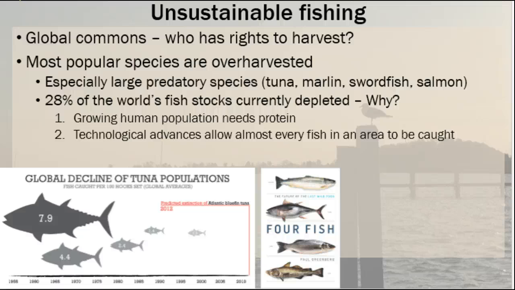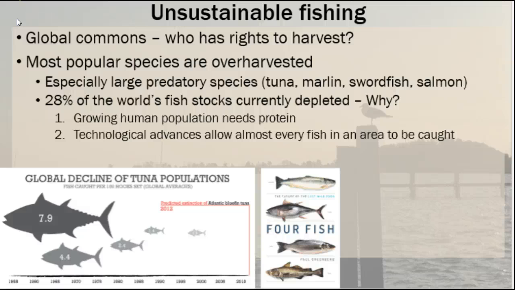So part of the reason why fishing is such an issue is it's a global commons. So that tragedy of the commons plays out very often, because who really has the right to the ocean? Who has the right to fish? Everybody sort of thinks they have equal rights there. So since not any one nation owns it, we have to share this resource, and a lot of times that leads to it being misused.